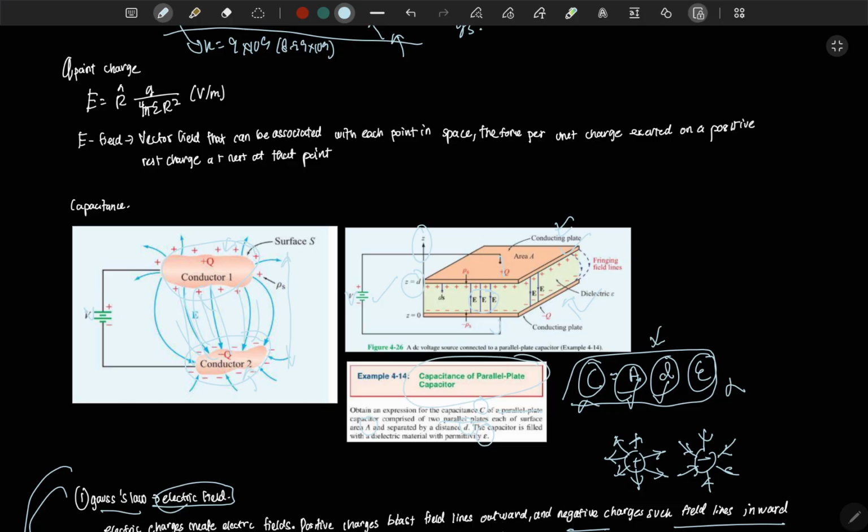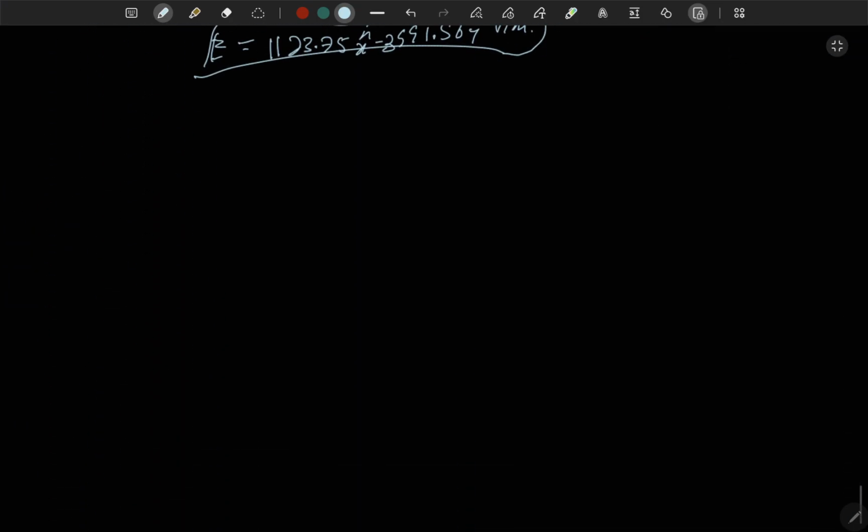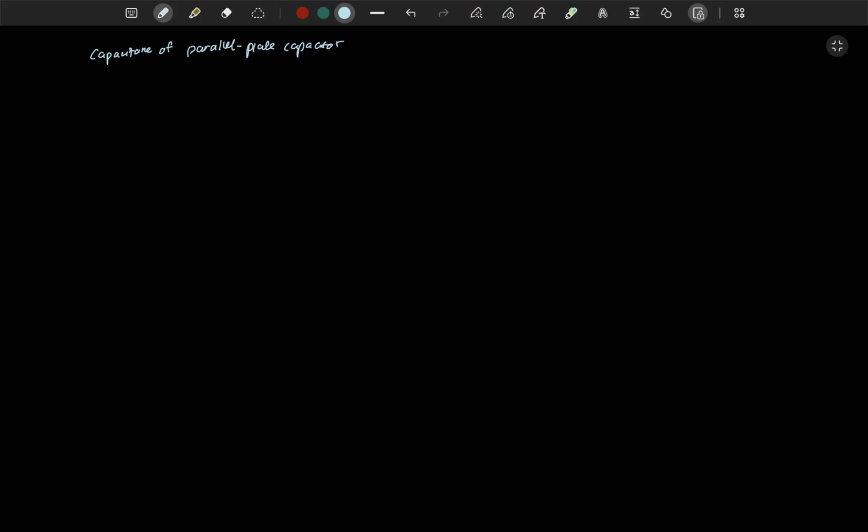So, the capacitance of a parallel plate capacitor. Before I begin, I would like to explain certain things that you need to remember. We have two plates.